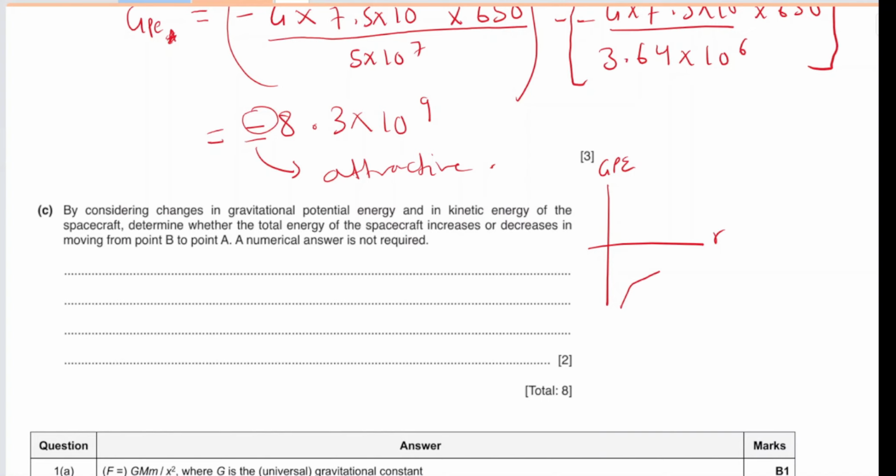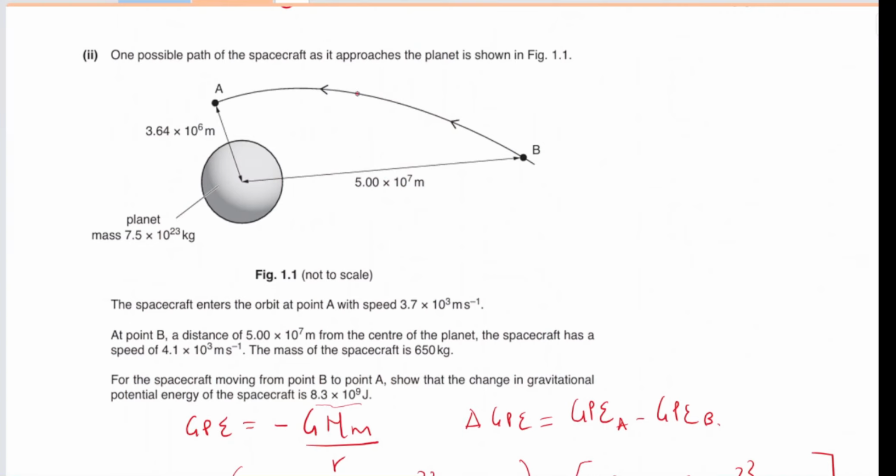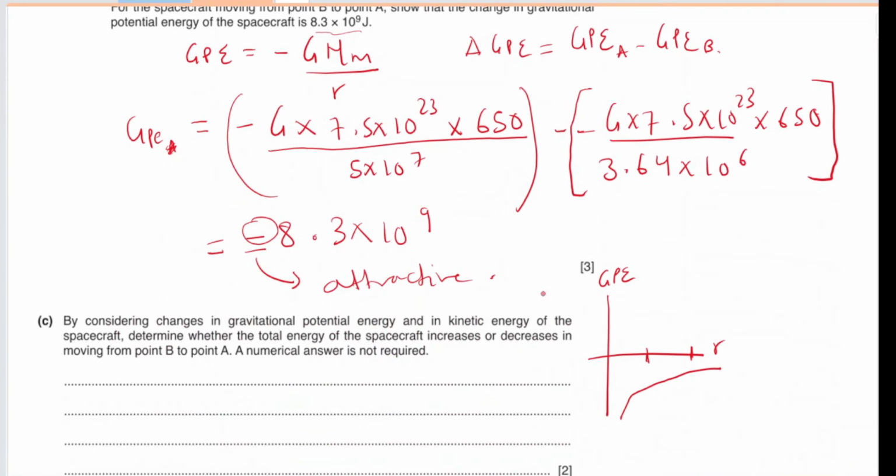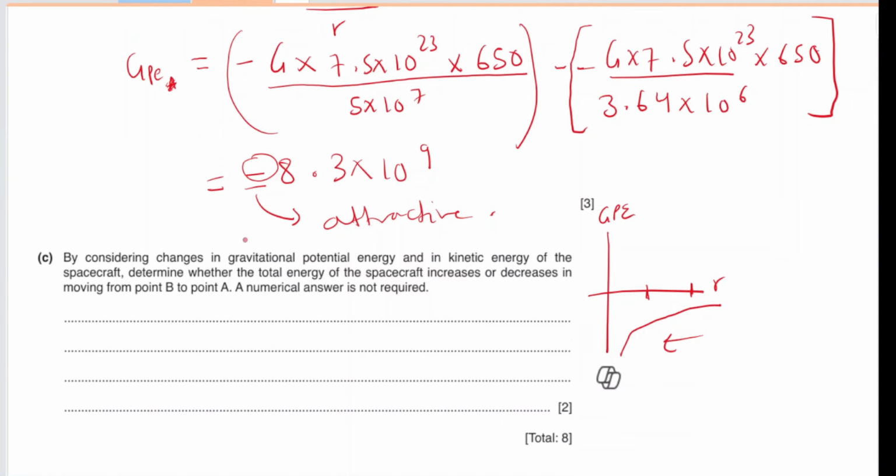The graph looked something like this. So the radius, if it is more, the GPE is more. But if the radius is less, the GPE is less. You can see that the radius here has decreased. You went from something times 10 power 7 to something times 10 power 6. So we are decreasing GPE. So the GPE is getting lower, right? So the first thing that you can say is that the GPE is lower.